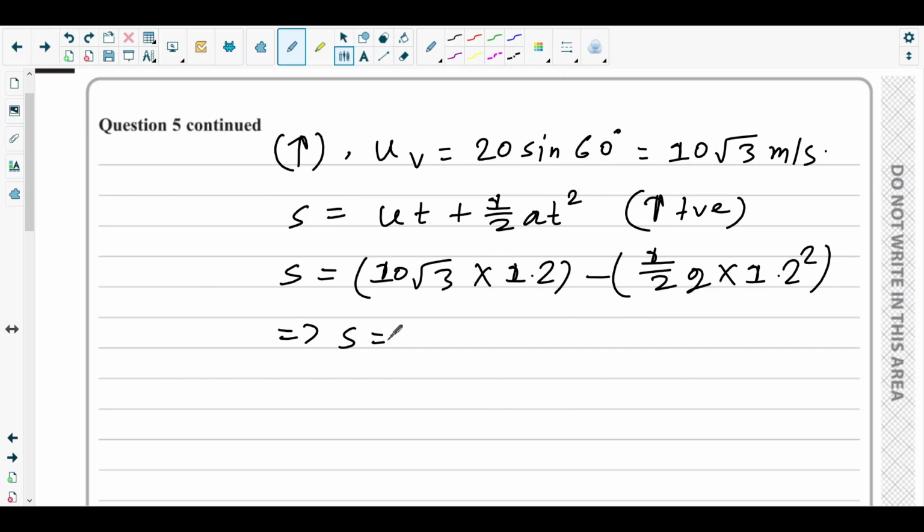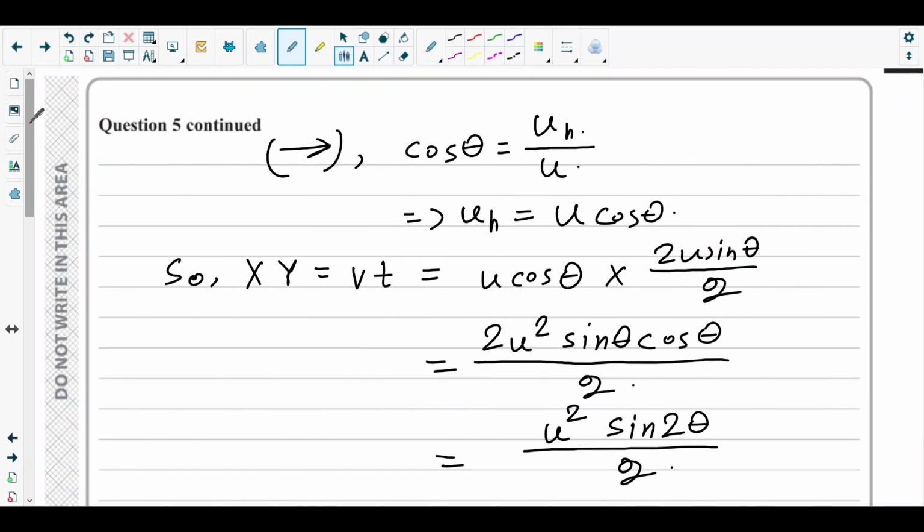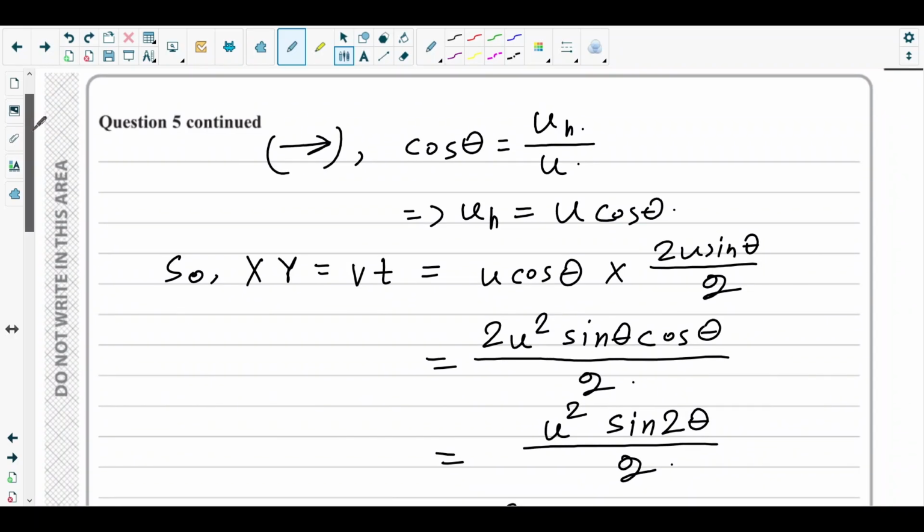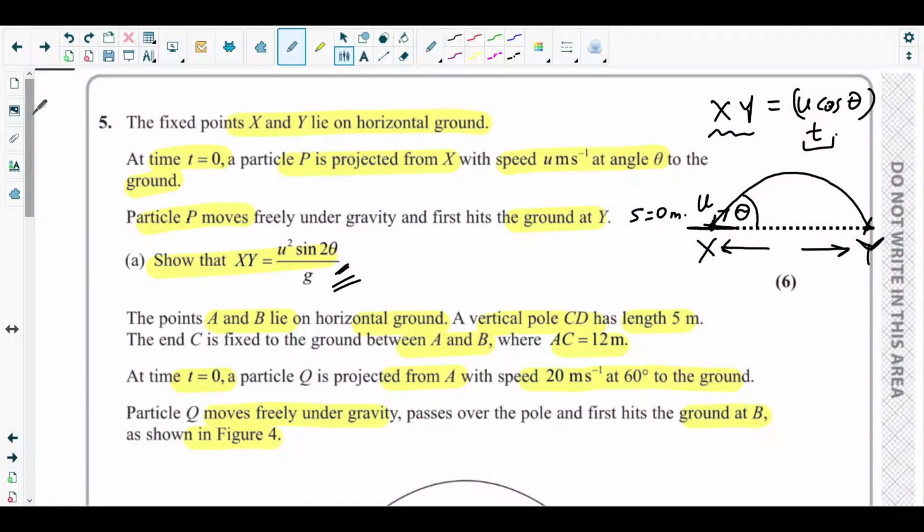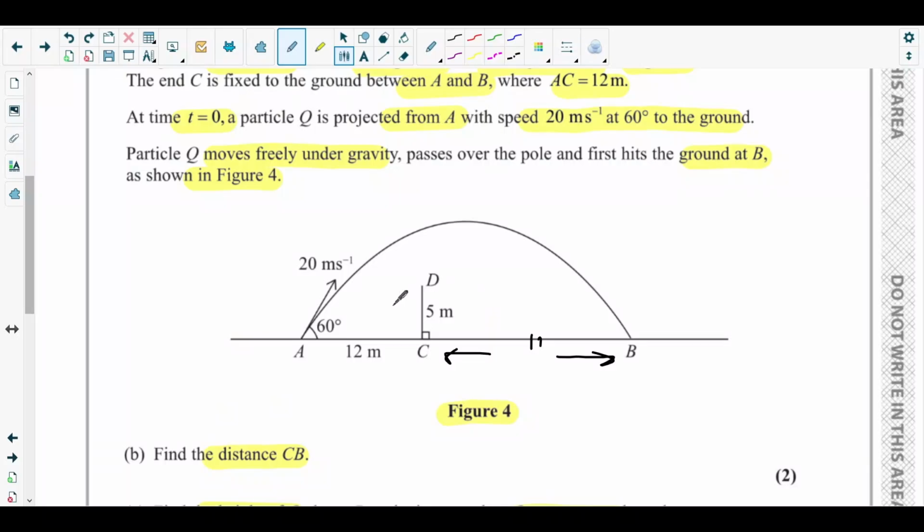That gives you 13.7286 meter. So when the particle Q is passing over the pole, it is at a height of about 13.73 meter above the ground.